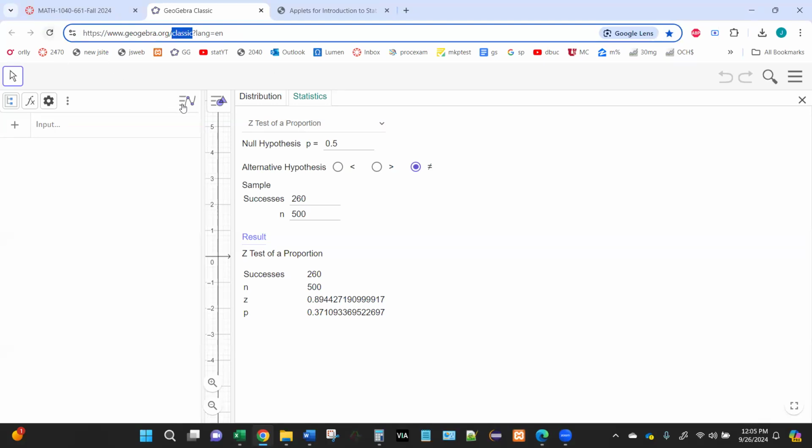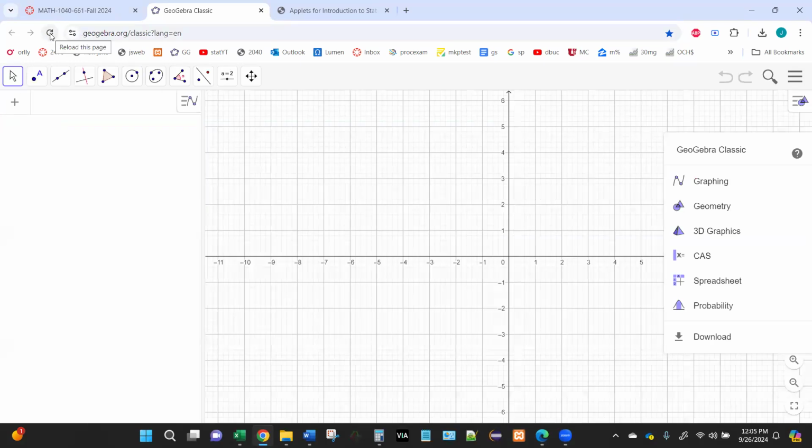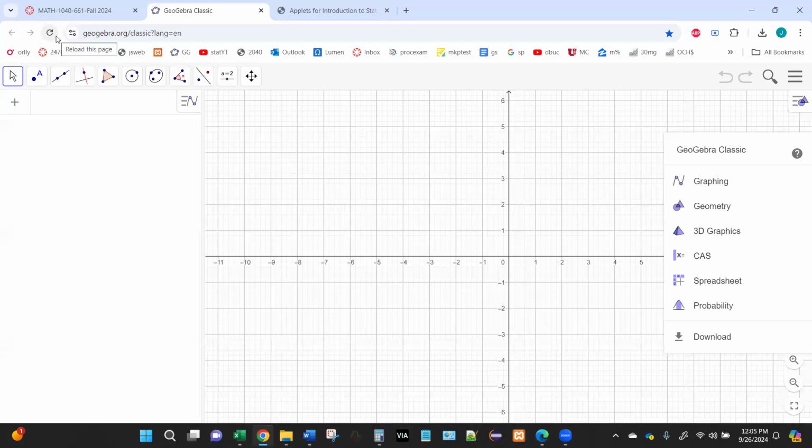The other thing is that GeoGebra is great, especially for a free product, but it does get a little bit glitchy sometimes after you've been using it for a while. So I just refresh it pretty frequently, and it works great.